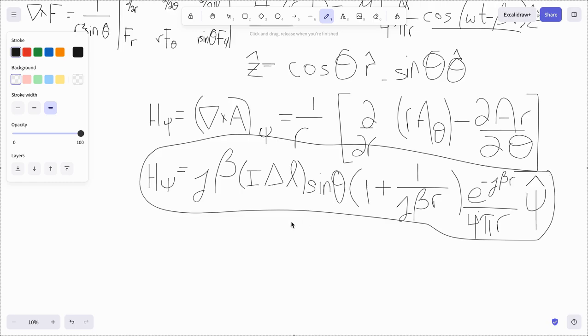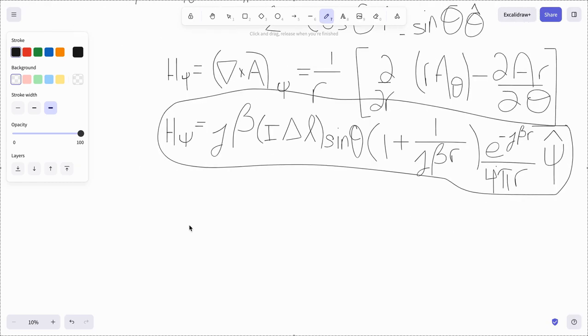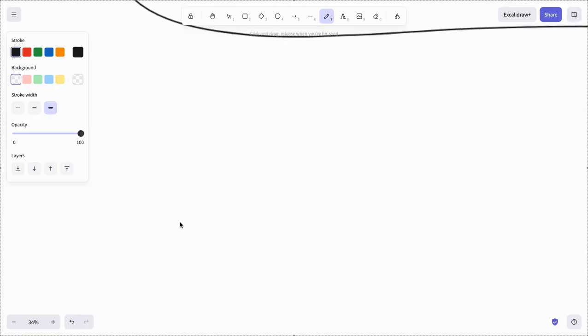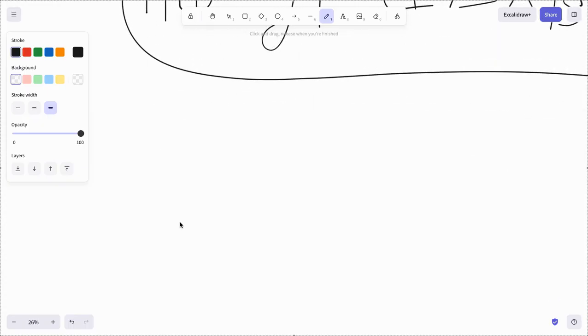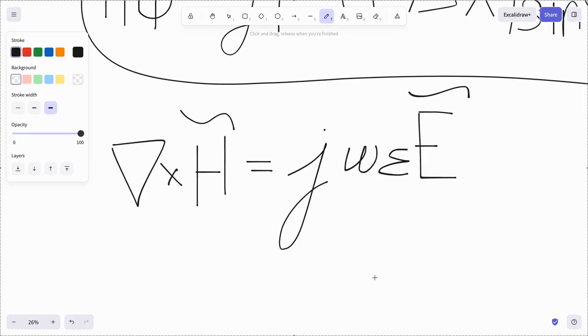Now, from this, we can get the electric field. To figure out the electric field, we're going to use one of Maxwell's equations, which I am writing out here.